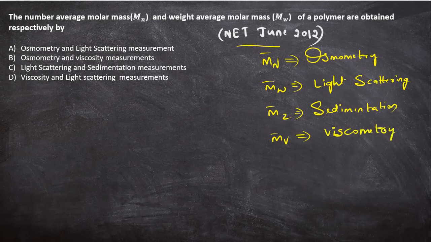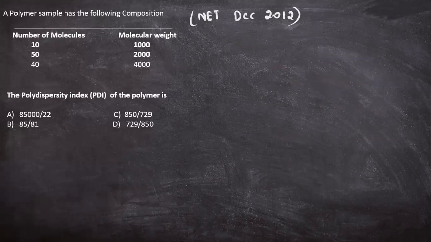So they have asked: number average molecular mass and weight average molecular mass of a polymer are obtained respectively by? Option A, that is osmometry and light scattering method. Now, the polymer sample has the following composition. They have given the number of molecules and molecular weight, and they are asking for PDI, the polydispersity index.